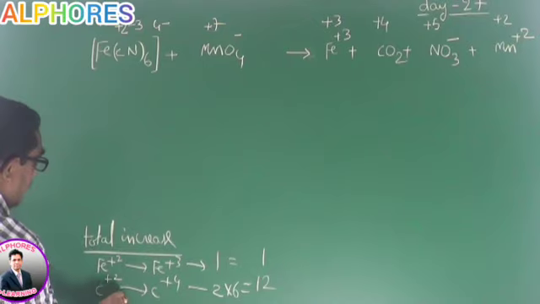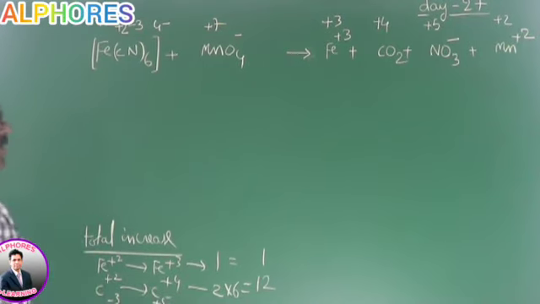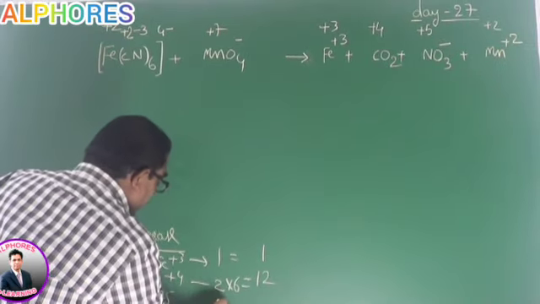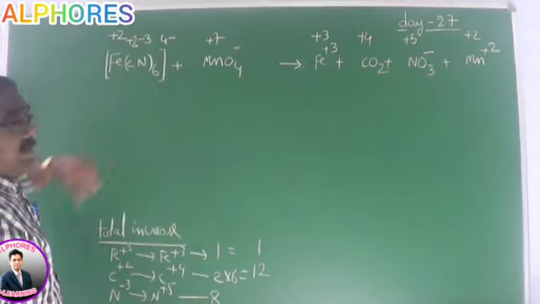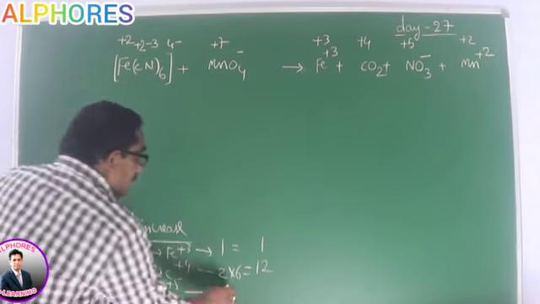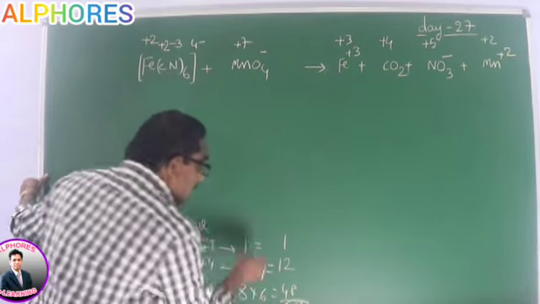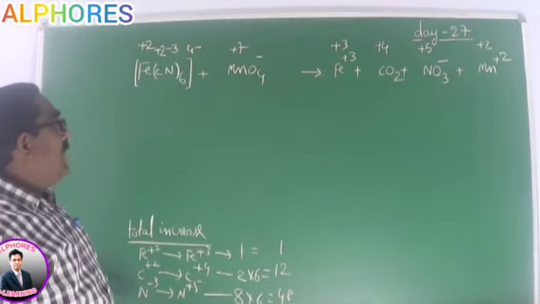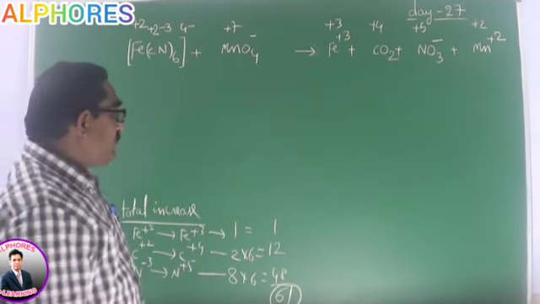Similarly nitrogen -3 to +5, the change is 8 for one atom, 6 such nitrogen atoms are there, 8 into 6 is 48, total 61. So the total increase in the oxidation number is 61 for this reaction.